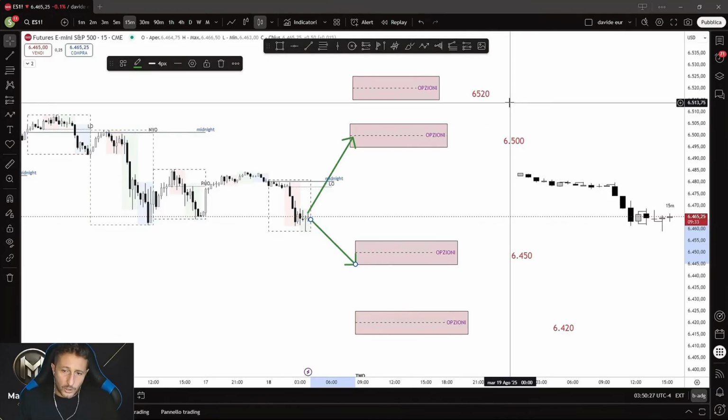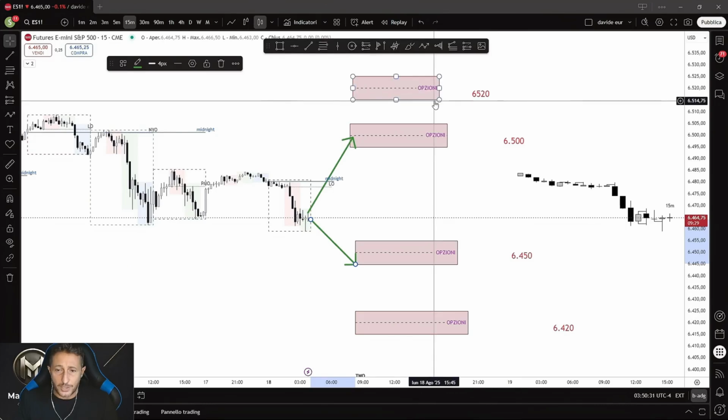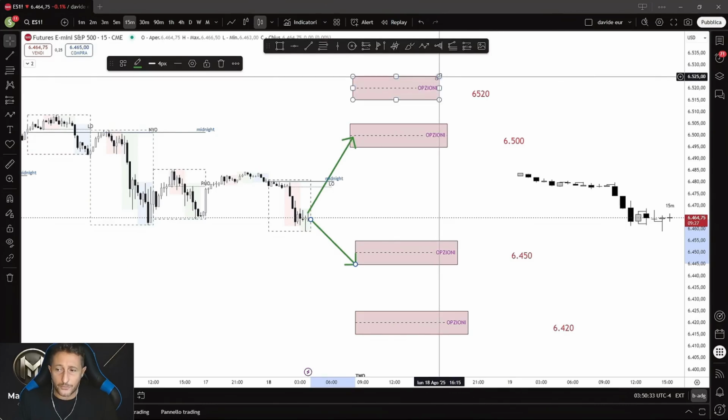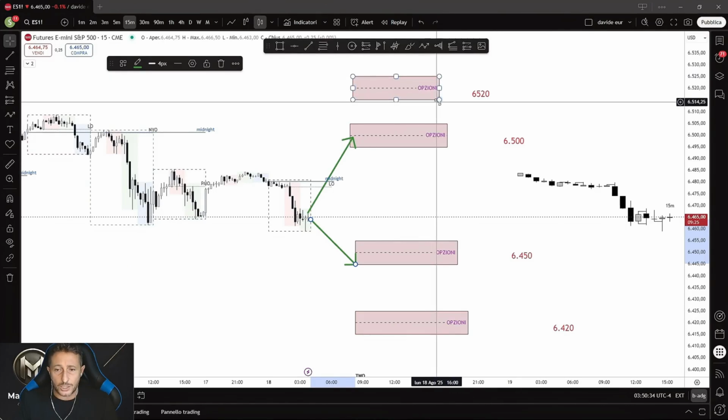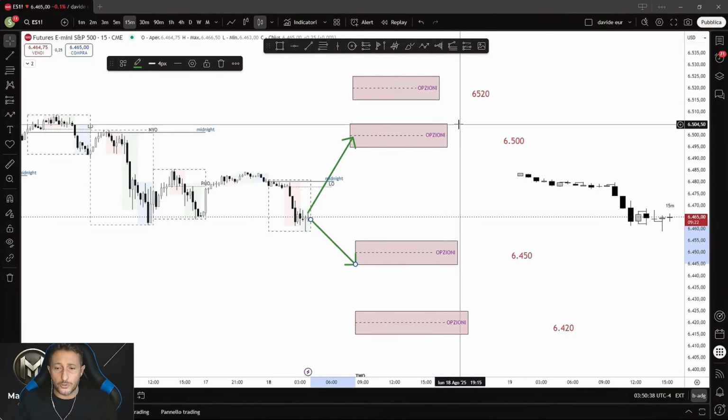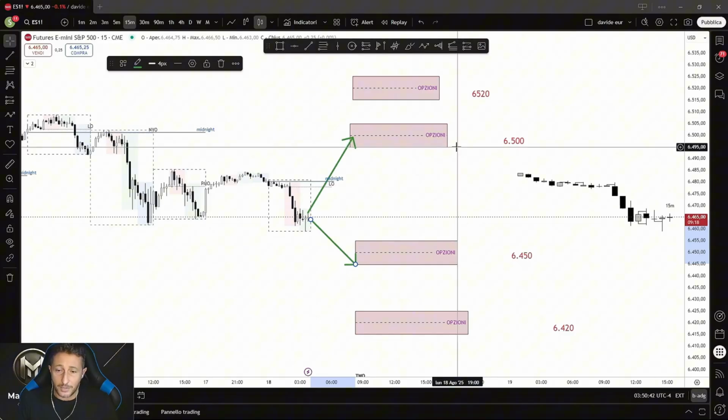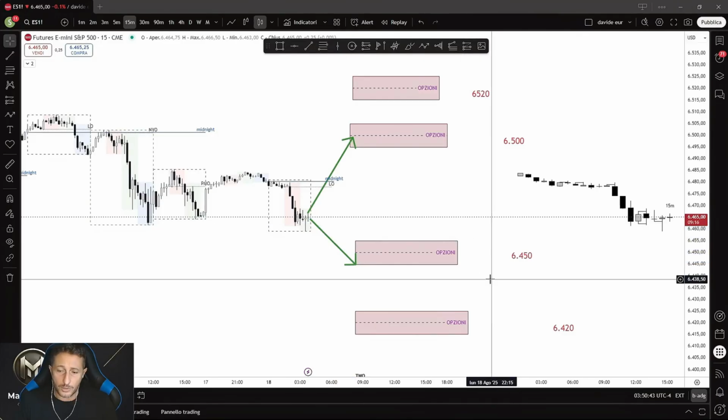I'll point out the S&P option zones, also known as 0 DTE. The first is 6,525 to 6,515. The second one ranges from 6,505 to 6,495.